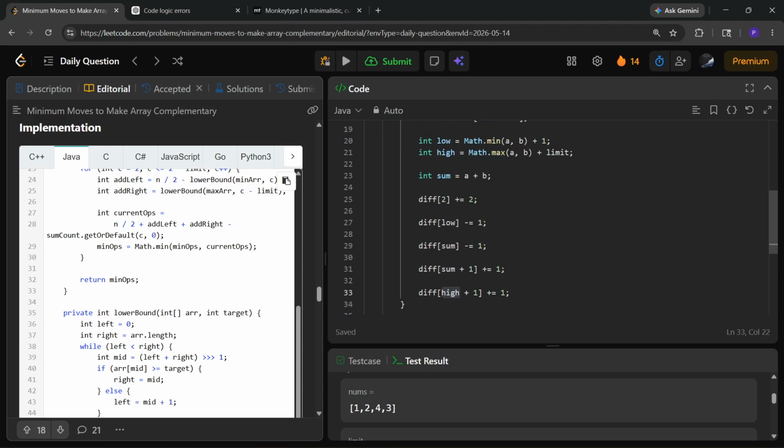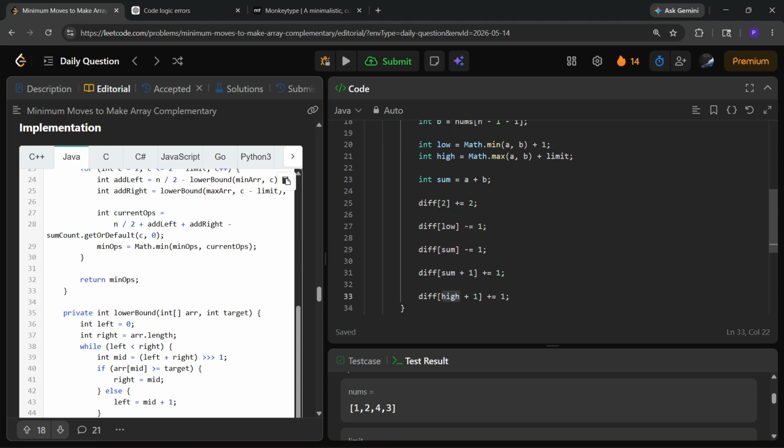Okay, so I can reach. Takes two moves to reach two. It takes current minus one moves to reach the next.